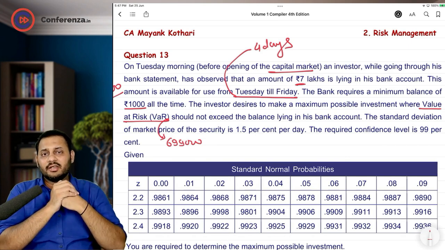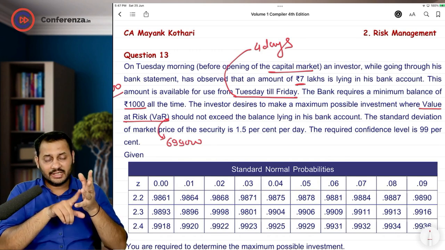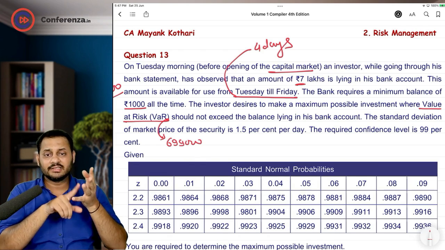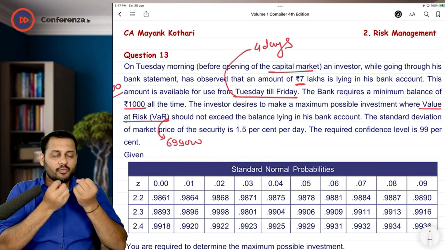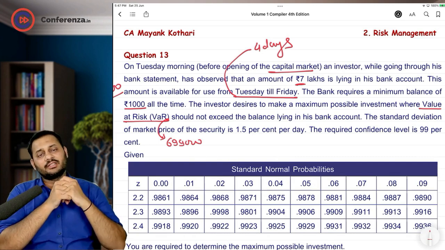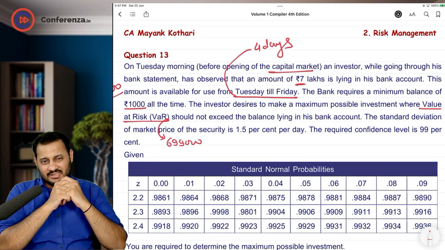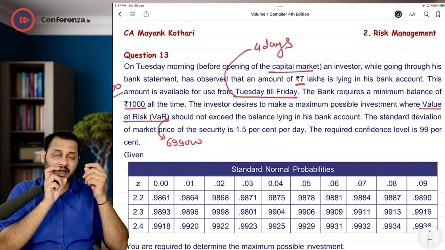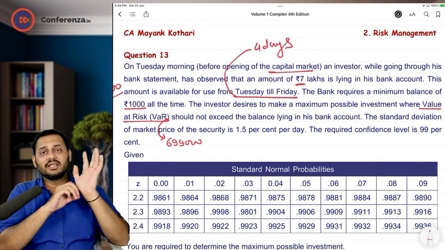Although the statement is written like this, it means that the loss cannot be more than the balance in the bank. So how much loss can we bear? How much is the capacity of an investor to bear the maximum loss? All in all, 1,000 rupees is something which I cannot withdraw from the account, and the balance lying in the bank account for the loss is only 6,99,000.